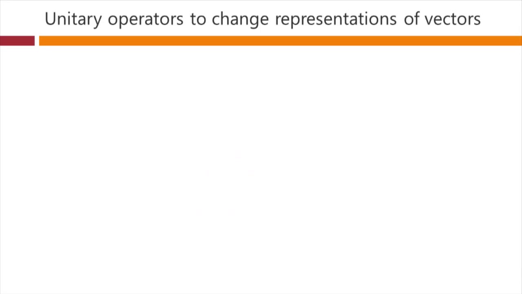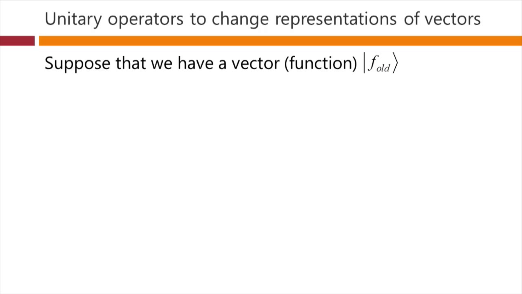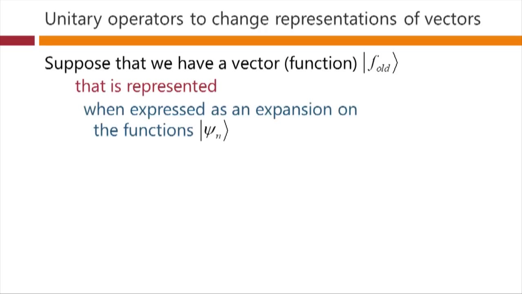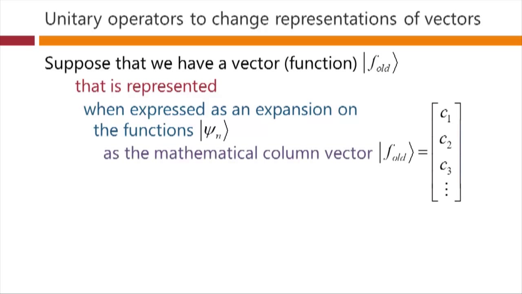So let's look at this unitary operator that is going to change the representation of some vector. Suppose we have a vector or a function, and we're going to call that f old here. It's represented on some basis, psi n, and when we do that, we get a set of expansion coefficients, c1, c2, and c3, and that will be a column vector, as usual for a ket vector.